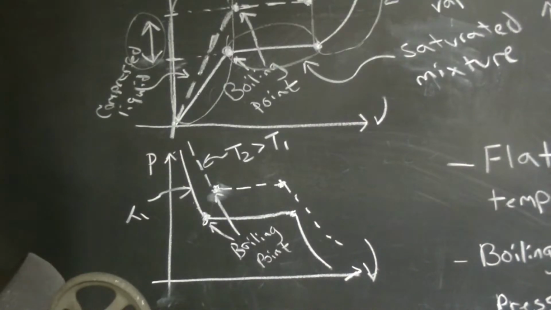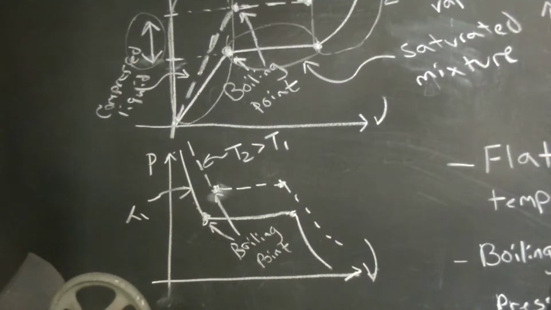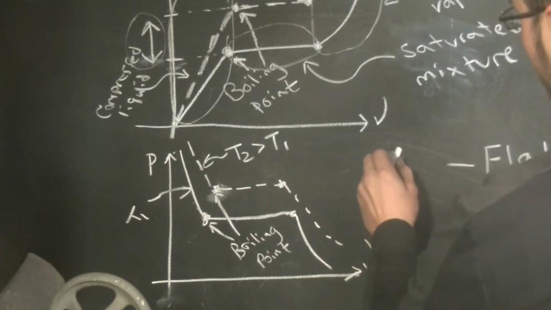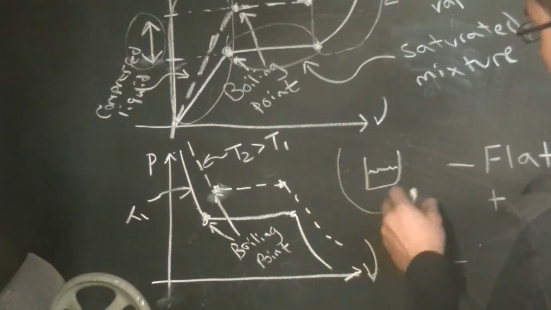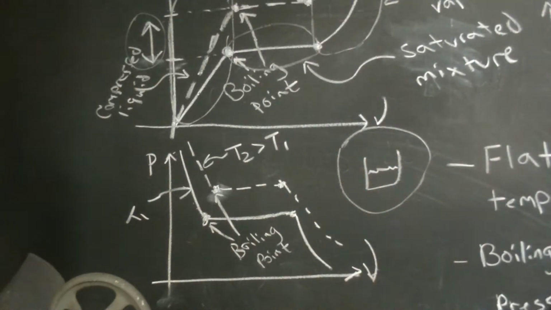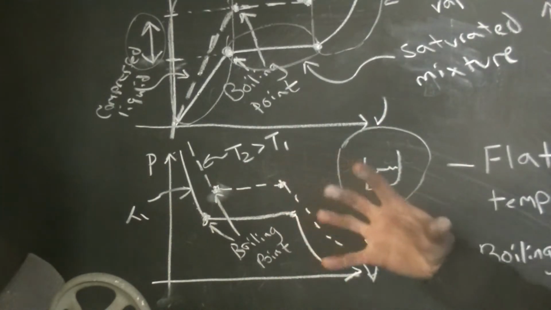So similarly to the TV diagram, you have the PV diagram, which is just, at a constant temperature, we're changing the pressure, what happens. Let's say we have that same setup where we have a little vessel with water in it, but let's also say that vessel is in a huge container, like the size of the universe, such that if this boils, it's not going to cause excess pressure.